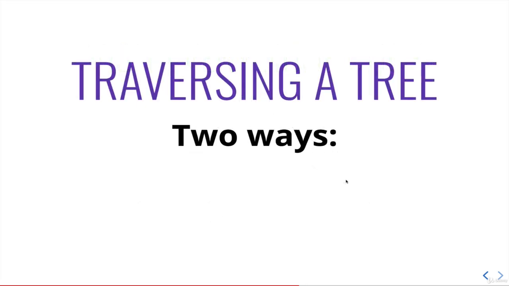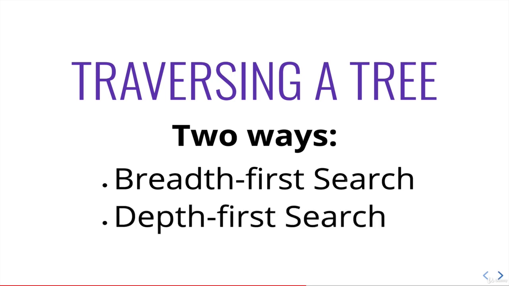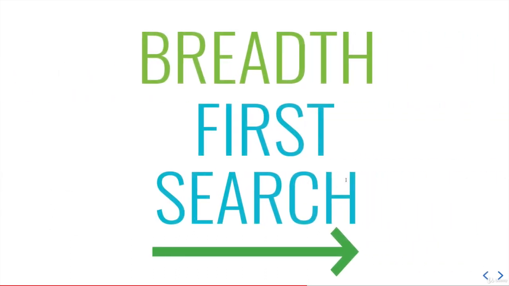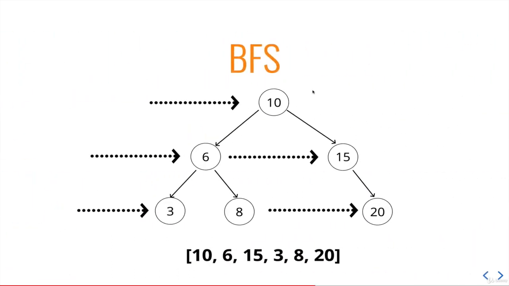There are 2 main approaches to traversing a tree, something called breadth first and another called depth first. So these refer to the general directions. When we talk about breadth first search, if this is our tree, imagine just starting at the beginning and then basically working across the tree first. So 10, 6, 15, then continue across.